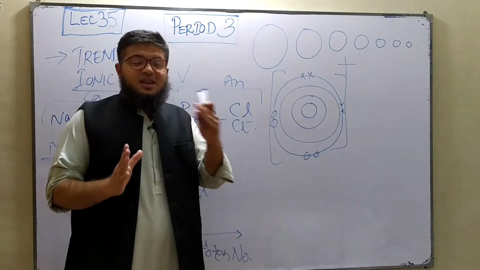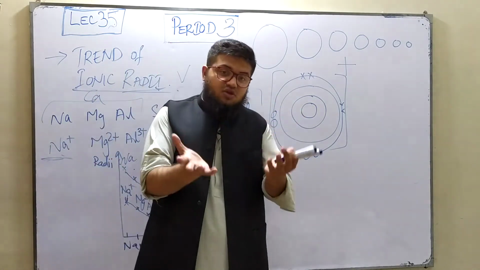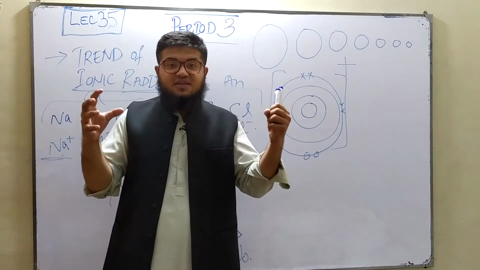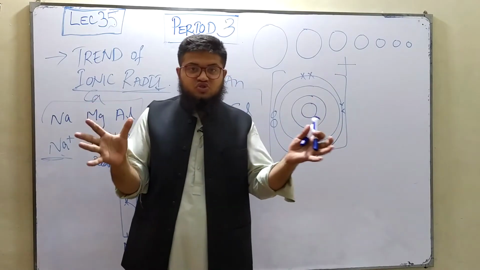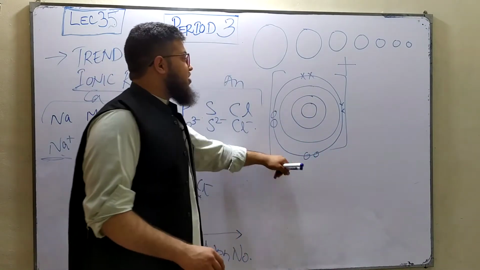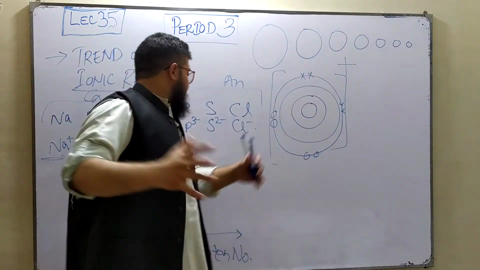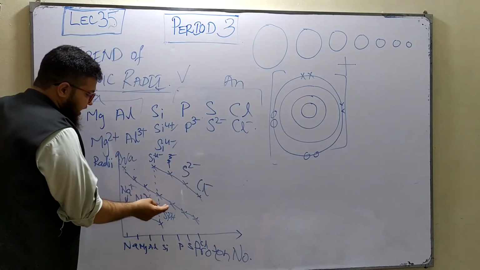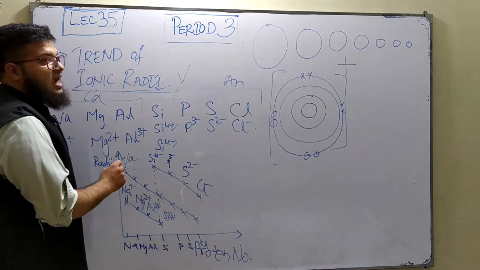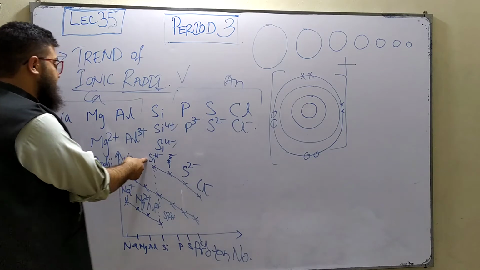If electrons and protons are equal, they experience a certain amount of attraction. But if the electrons outnumber the protons, the attraction is distributed and becomes weaker on all the electrons. The electron density will expand, and the Si4 negative ion will have a larger radius than the Si atom.